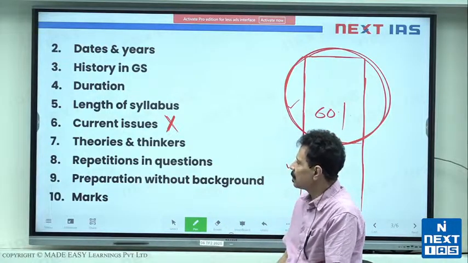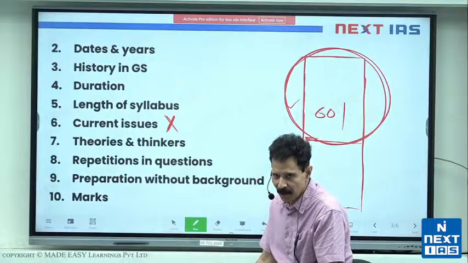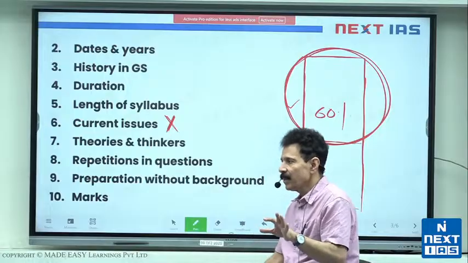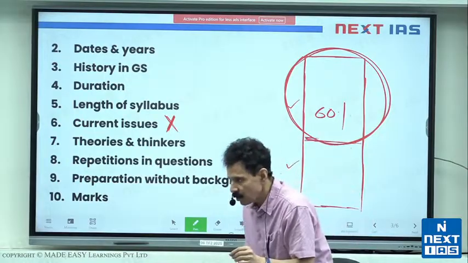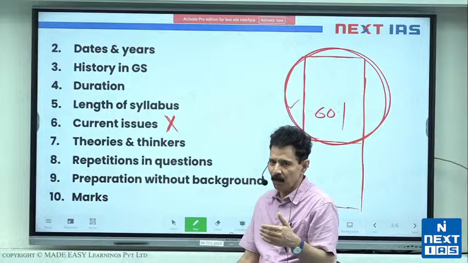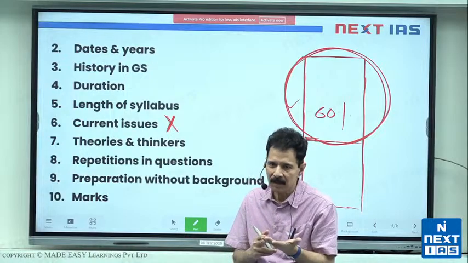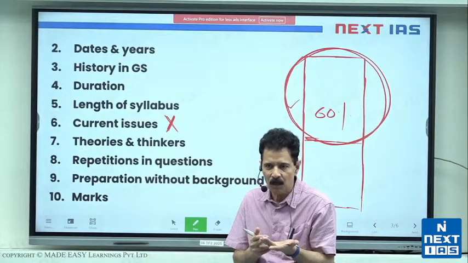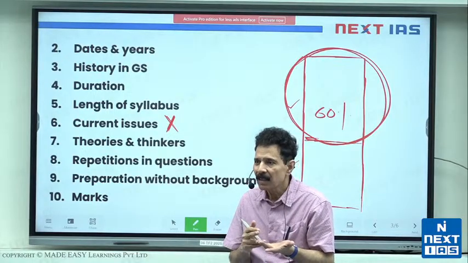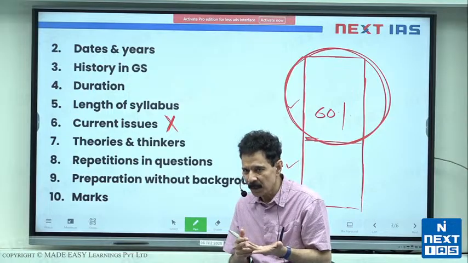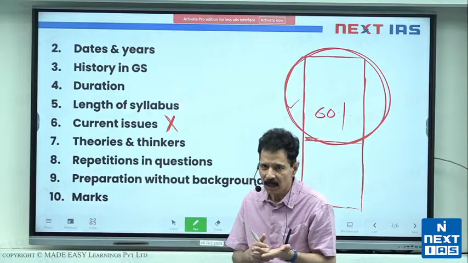Seventh is theories and thinkers in history. What do you think? What is your idea? Normally, in all popular optional subjects, the first paper is full of theories and thinkers. Geography first paper, full of theories and thinkers. Pol science first paper, psychology first paper, PABAT first paper, sociology first paper, right?